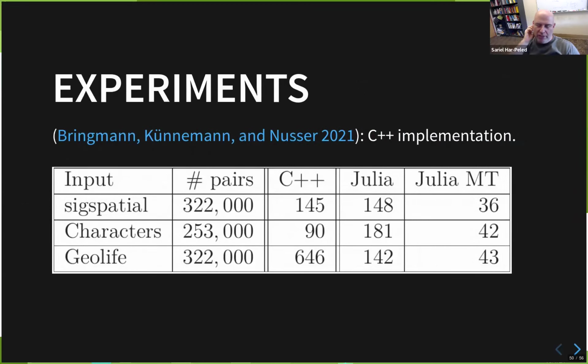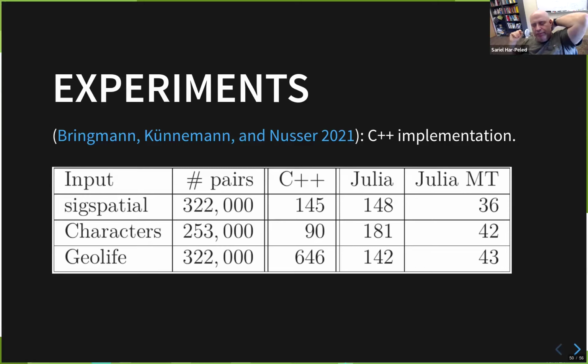So let me talk a little bit about our experiment. There is a huge amount of real-world data available. There is the SIGSPATIAL data from the competition, but there is also GeoLife. This is a Microsoft data set where people just walked around with GPS, and there is a character recognition set, and there is a huge amount of tracking information for birds, so there is really no lack of real-world data.